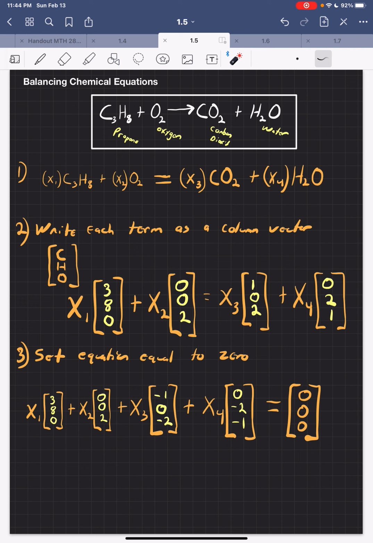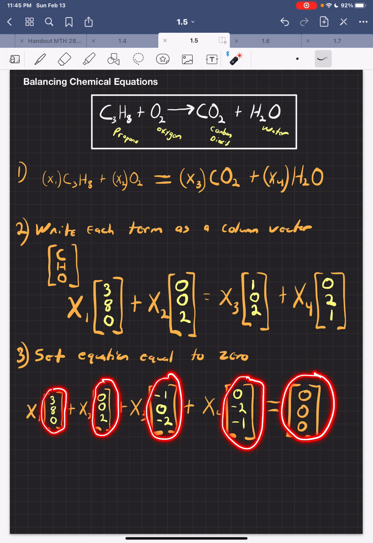Once we get to an augmented matrix, then we can let our technology row reduce that matrix to solve it for us, right? So to do that, these vectors are going to make up the columns, with the last column being the 0 vector.